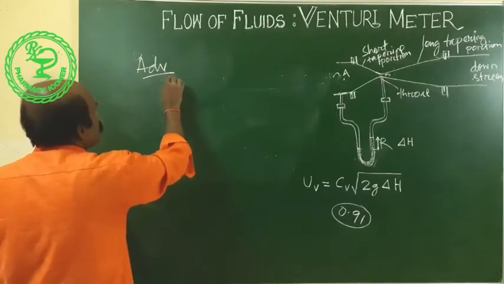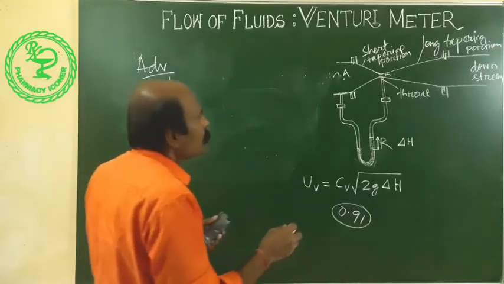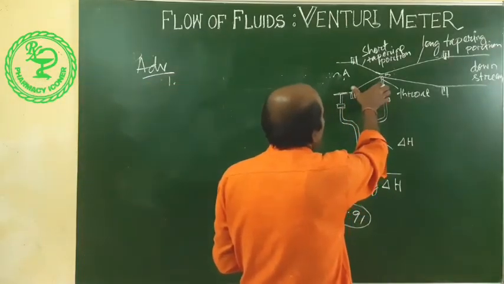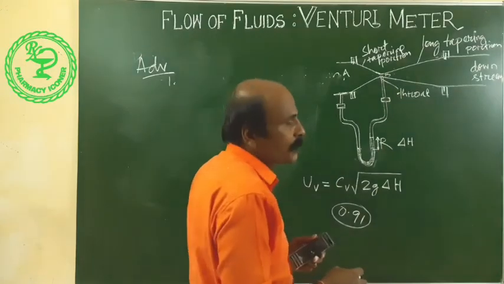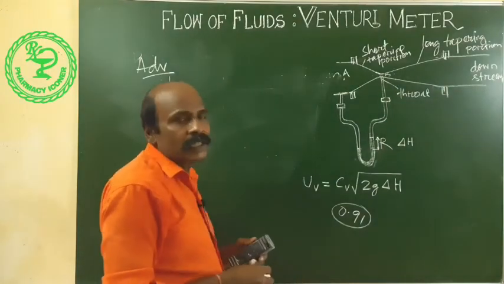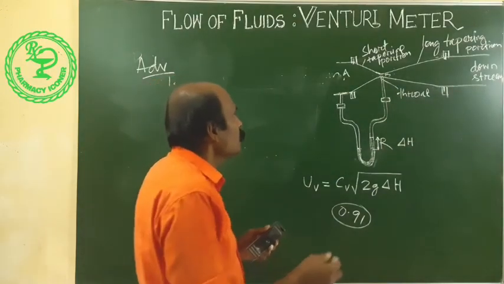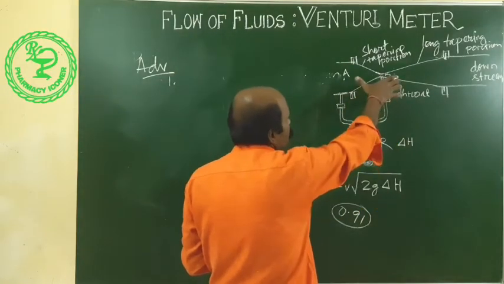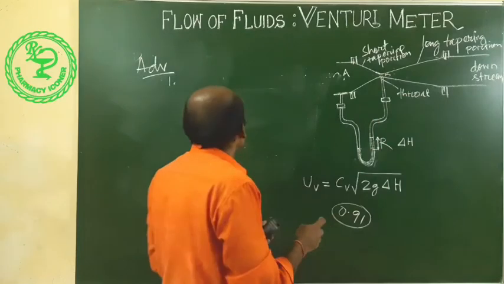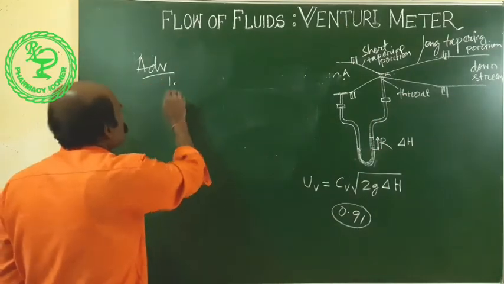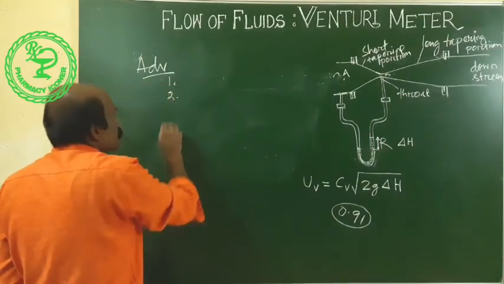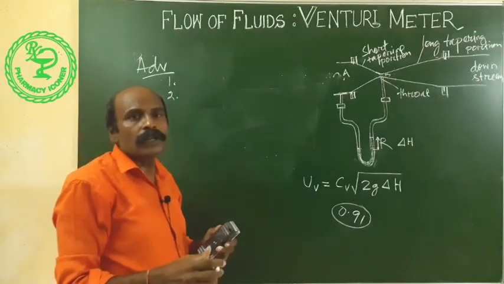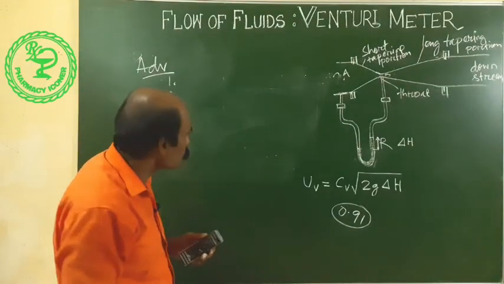First advantage is that the pressure drop is less, not significant, because the pressure drop will be less for this type of construction. So number one, pressure drop is less. Number two, energy loss is also very less.